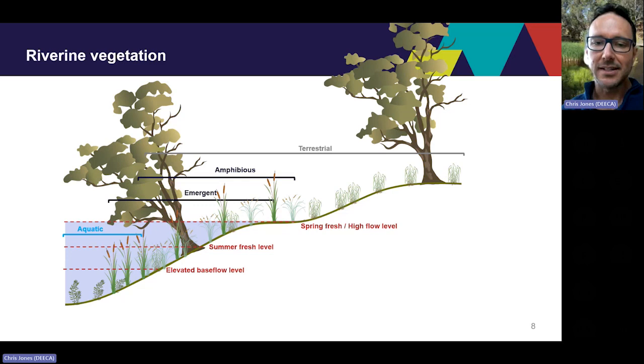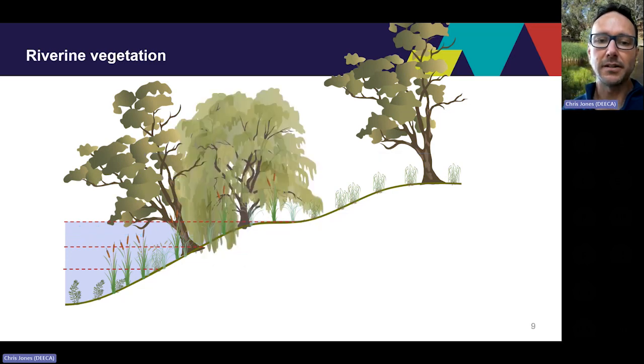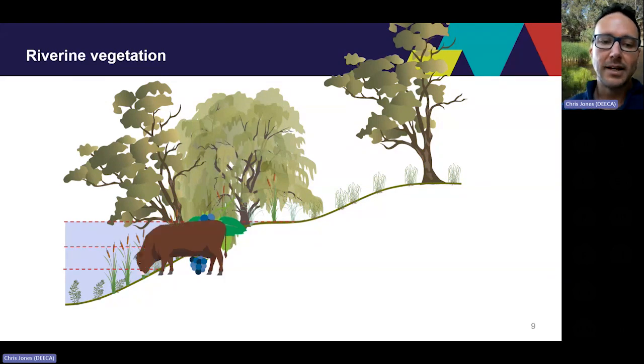But it's not as easy as it sounds, particularly because there's other factors involved as well: invasive tree species such as willows, invasive riparian or flood-tolerant species, so blackberries, which are pretty hardy to flows even though they're not aquatic or riparian plants, and then livestock. They're all having a big impact and limit our ability to do what we want within riparian zones to make improvements.